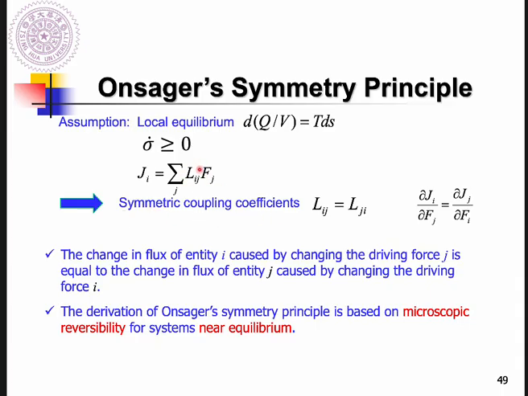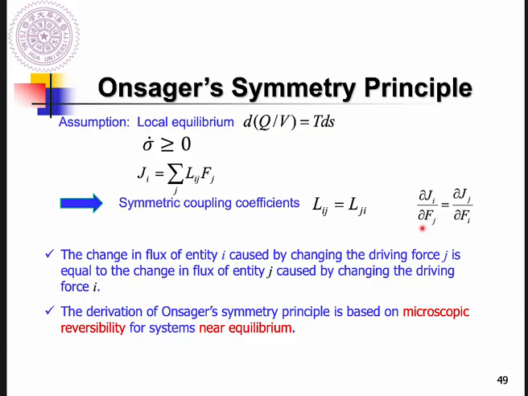What this means is that the coupling coefficient is symmetric, which means that the change in flux of entity I caused by the driving force Fj equals the change in flux of entity J caused by the driving force Fi. If you interpret this into coefficients, that would be the coupling coefficient.